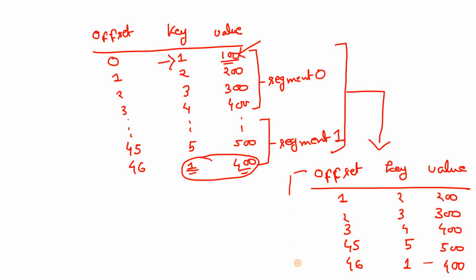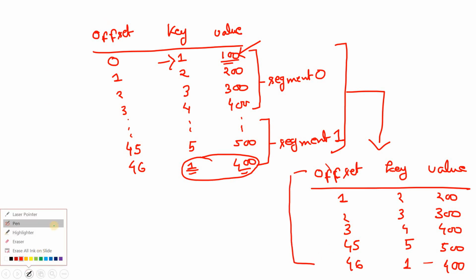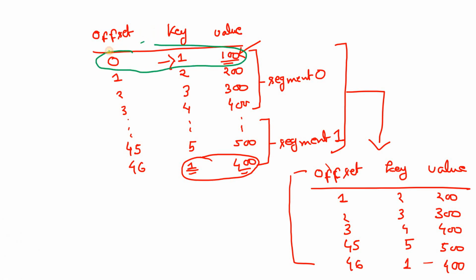So in this new segment, the employee's older salary, that is this particular row, is no longer available. Okay, because this is not required in our system. That's why after performing log compaction, that entry got deleted. So in simple words, in this case the messages are not deleted based on time.